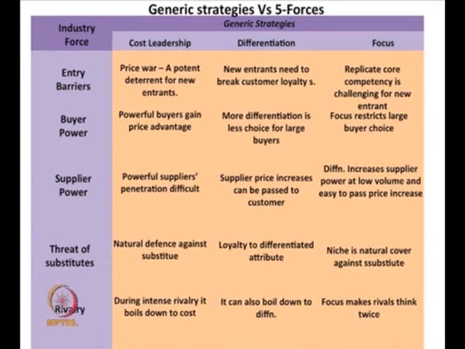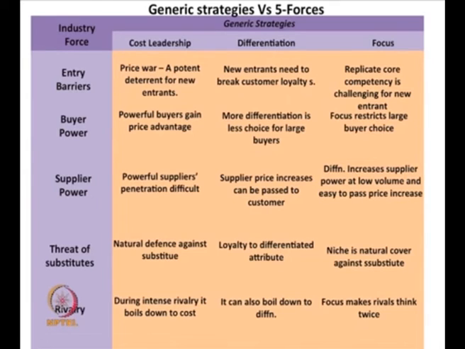And similarly, if I am focusing, likewise large buyers will have less bargaining power because of the absence of substitutes, since I am in this niche segment already. And cost leadership insulates the firm from powerful suppliers.